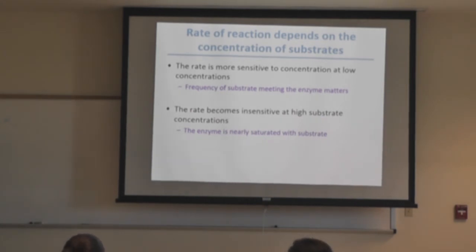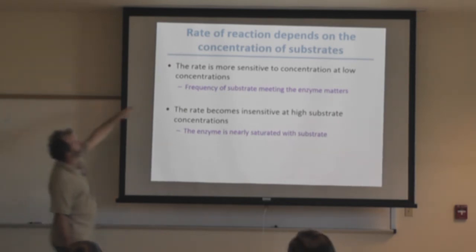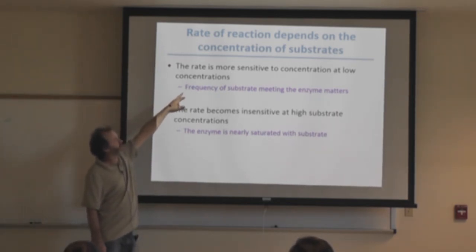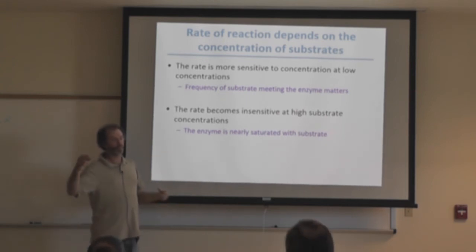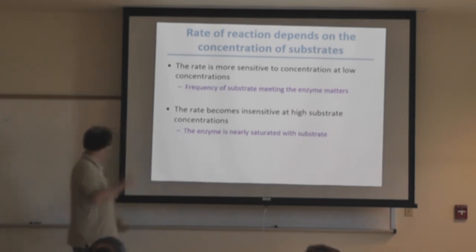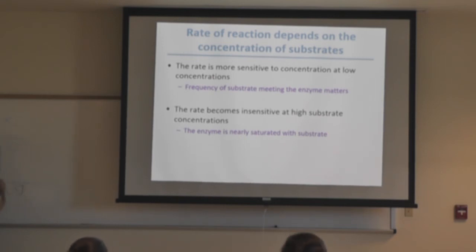So the rate of the reaction depends on the concentration of substrates. The rate is more sensitive to concentration at low concentration, right? Remember it looks something like this. So your substrate concentration here, and then this is the appearance of the product concentration.